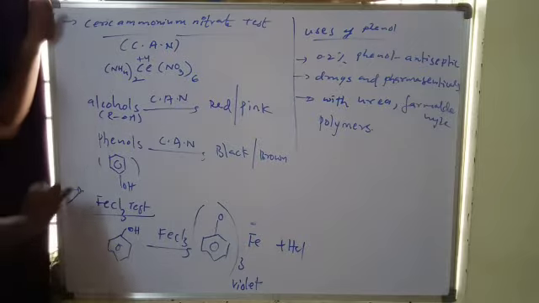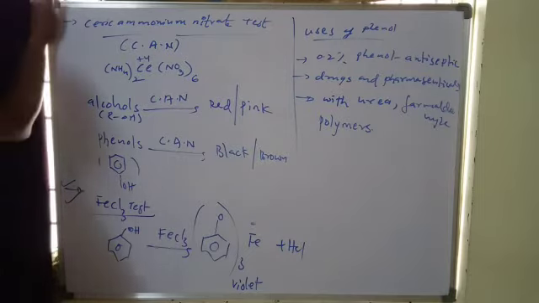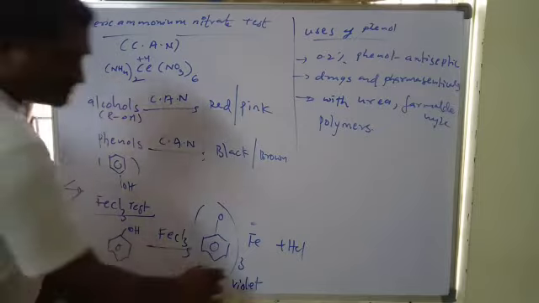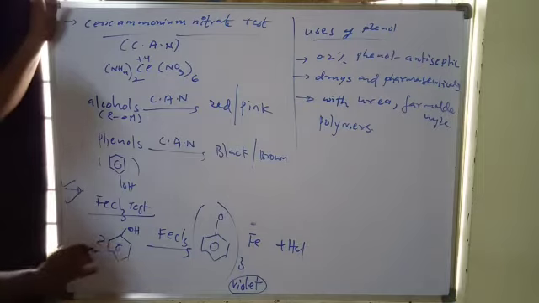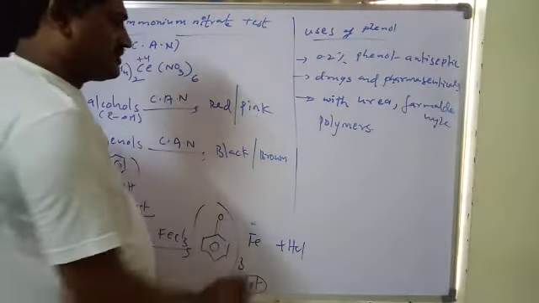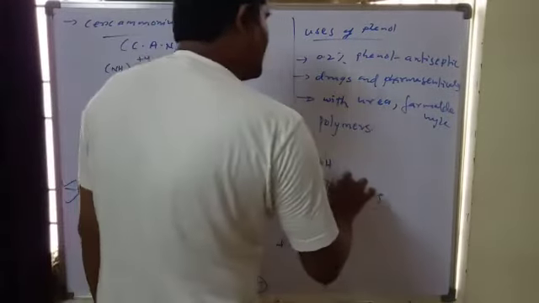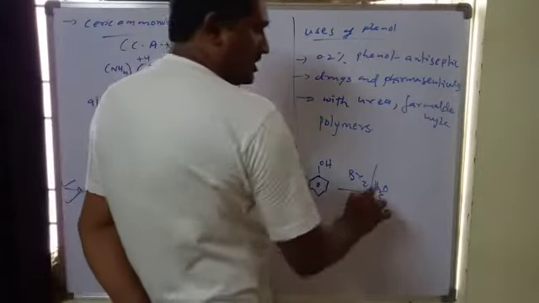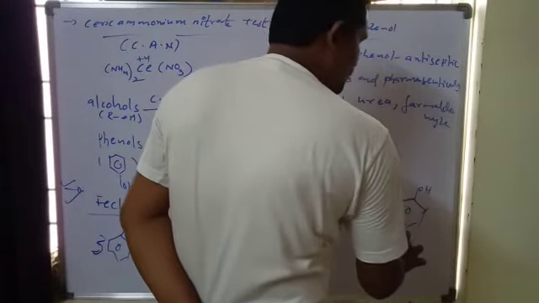Now the ferric chloride test, this is an important test for phenols. When ferric chloride reacts with phenol, it gives violet colorization; 3 moles of phenol react with ferric chloride to give violet colorization. And one more test for phenols: when phenol reacts with bromine in the presence of water, a polar solvent, the white 2,4,6-tribromophenol is formed.